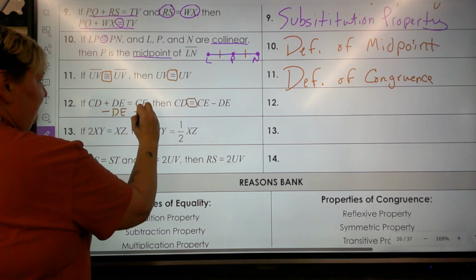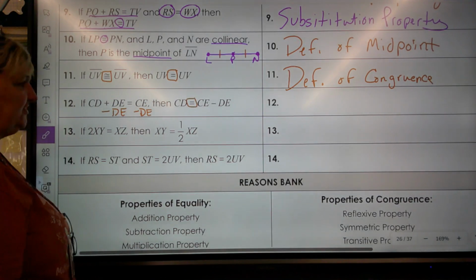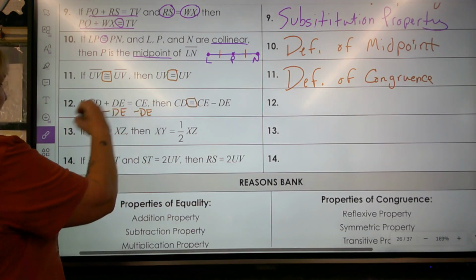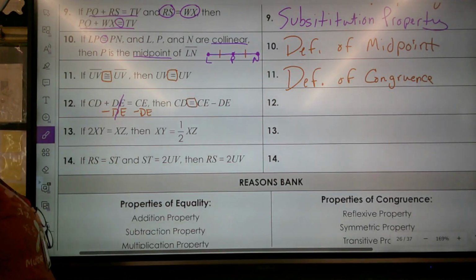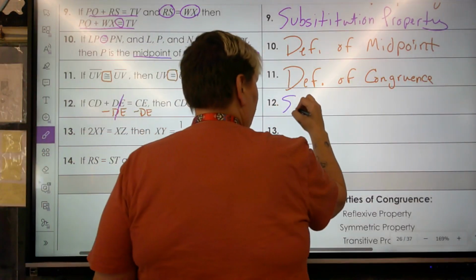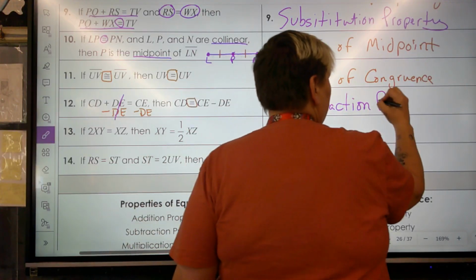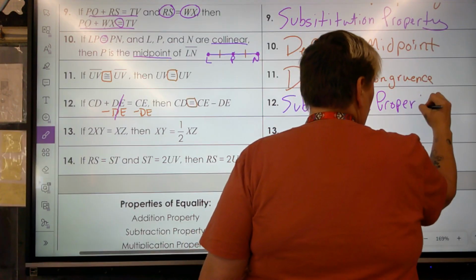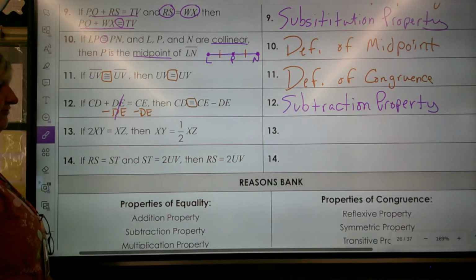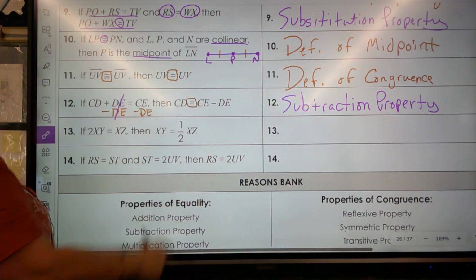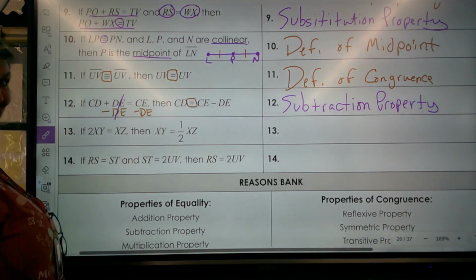If they subtracted it in order to cancel it, which is what they did, then that's subtraction property. I don't even have to write subtraction property of equality because there is not a subtraction property of congruence, only property of equality. And we can only use it because we ended with an equal sign.